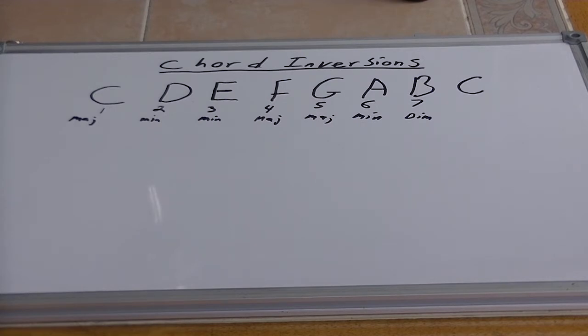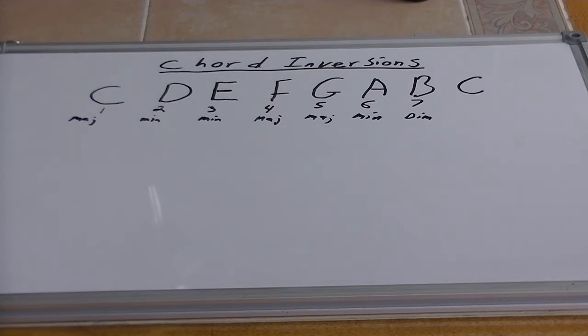Today's lesson is the first lesson in a series of lessons that are going to be centered around the subject of chord voicing. We will get into explanations of what I mean when I say chord voicing, and specifically how we can use chord voicing to not only make our playing more interesting, but also to make our playing easier.